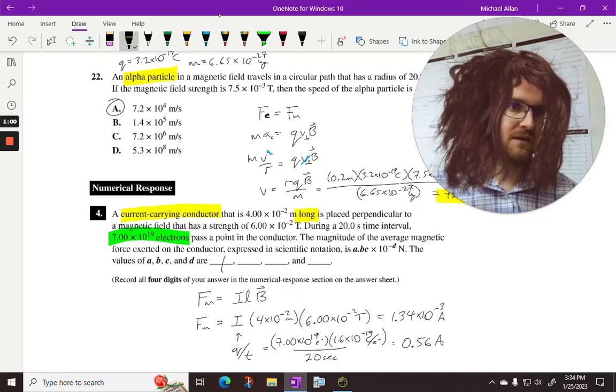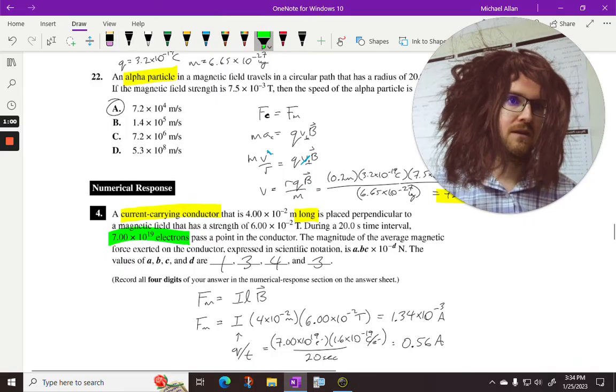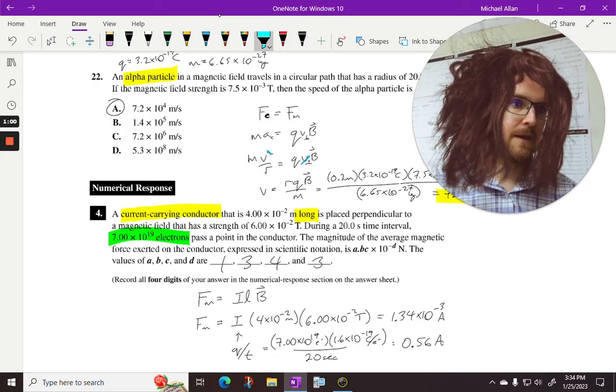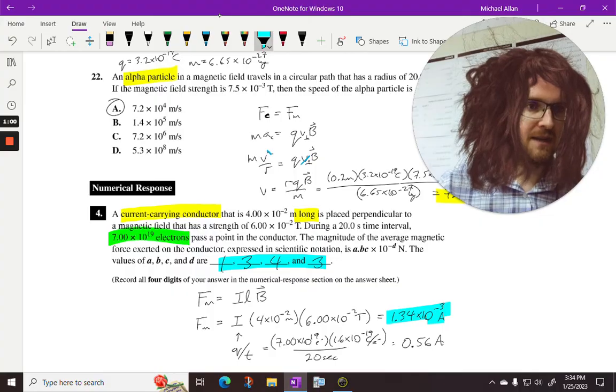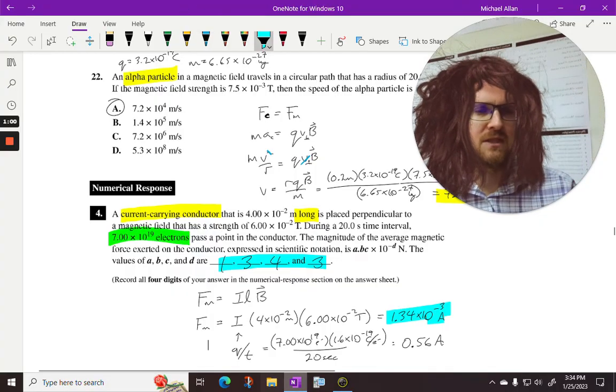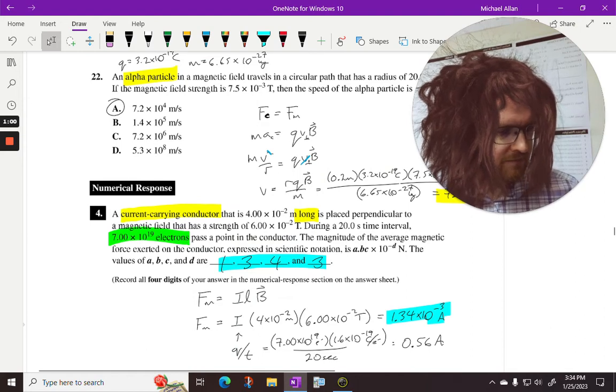So that's 1, 3, 4, and then I'll put a 3 in there for the exponent part of that. Okay. So we found that amperage, and then we put it back into that formula. It's an ugly question, but not impossible.